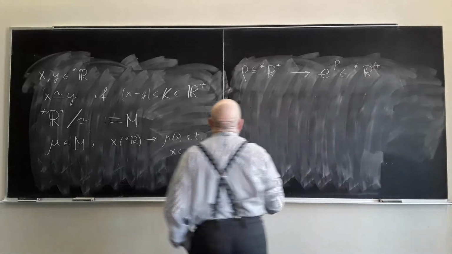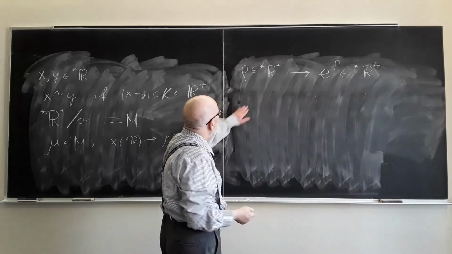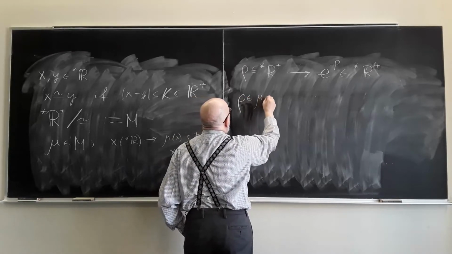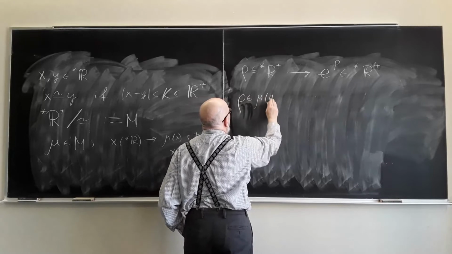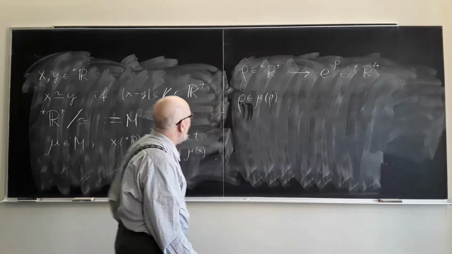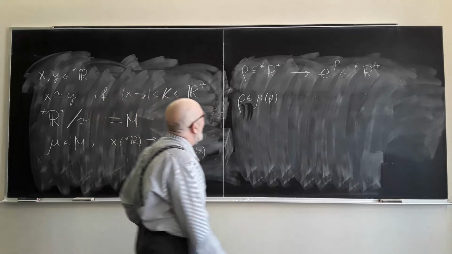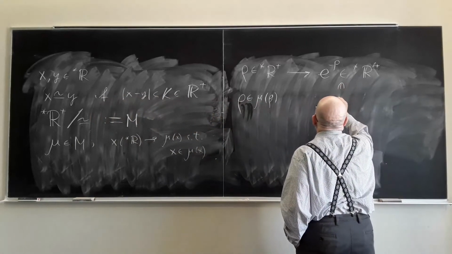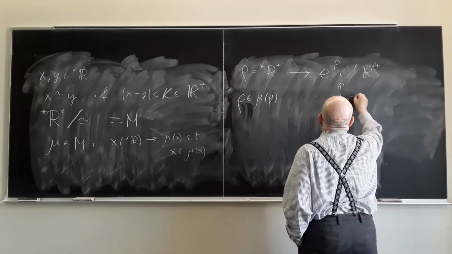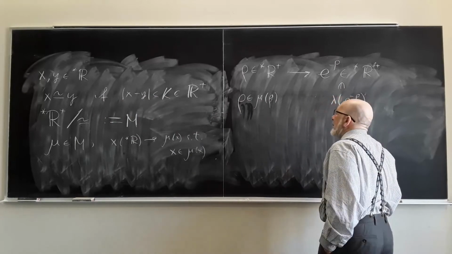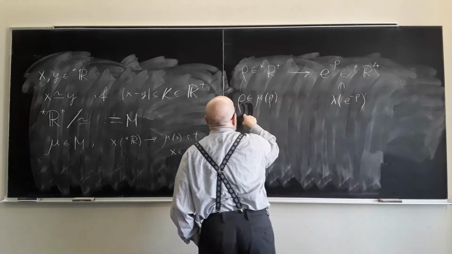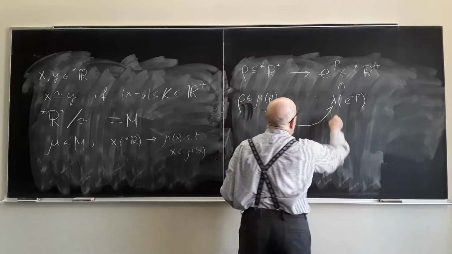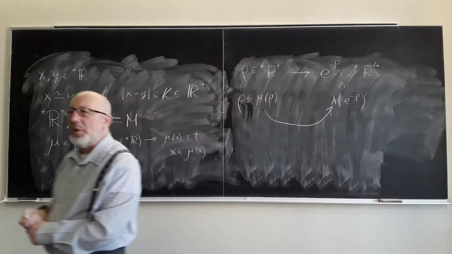And if rho is an element of mu of rho, and this is an element of lambda of e minus rho, I put in correspondence to this mu of rho this lambda of e minus rho.